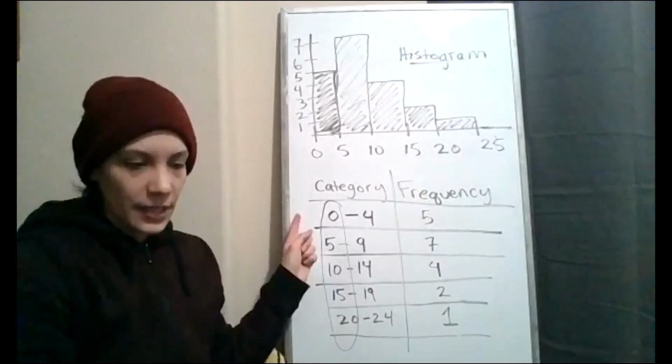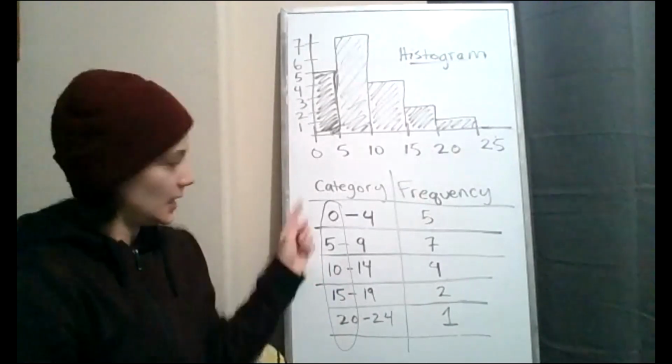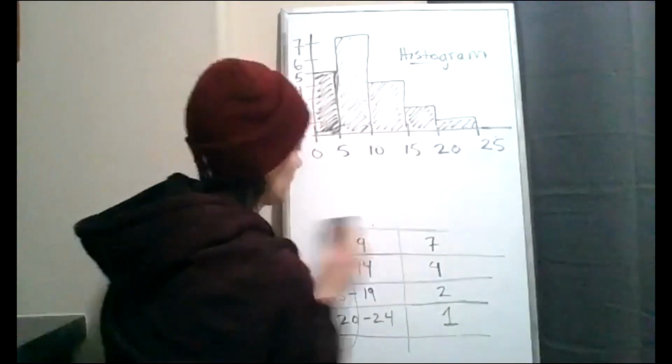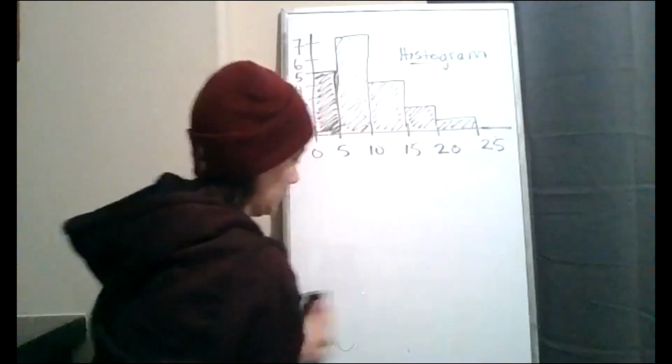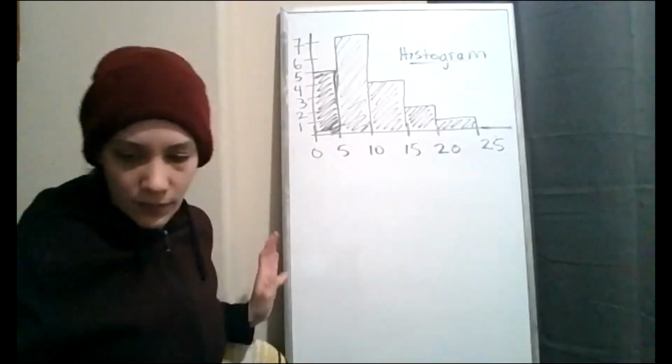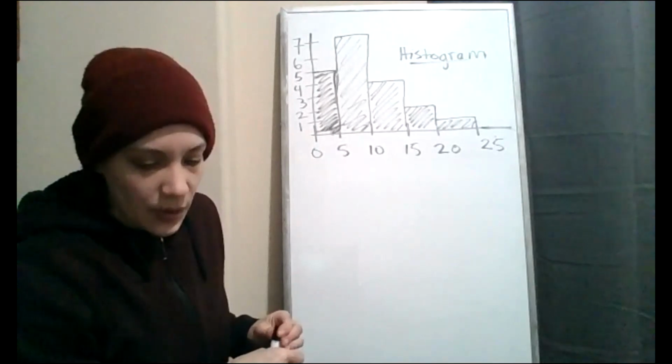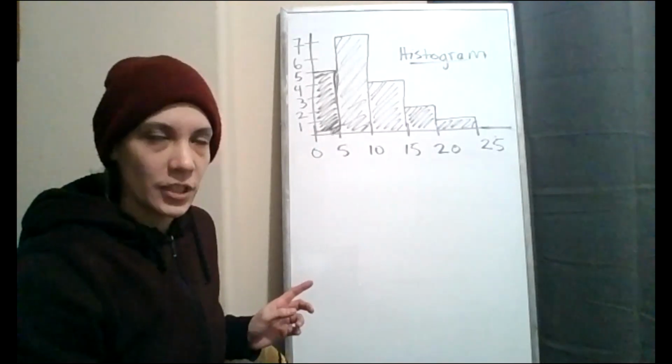Okay, so first thing we're going to write down was the classes. So the classes are categories in which data are grouped.